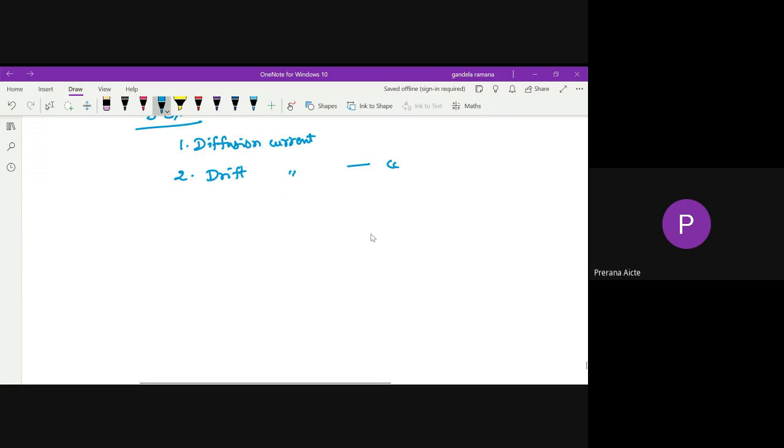In conductors and insulators, only drift current is there. In semiconductors, both drift and diffusion currents are there.